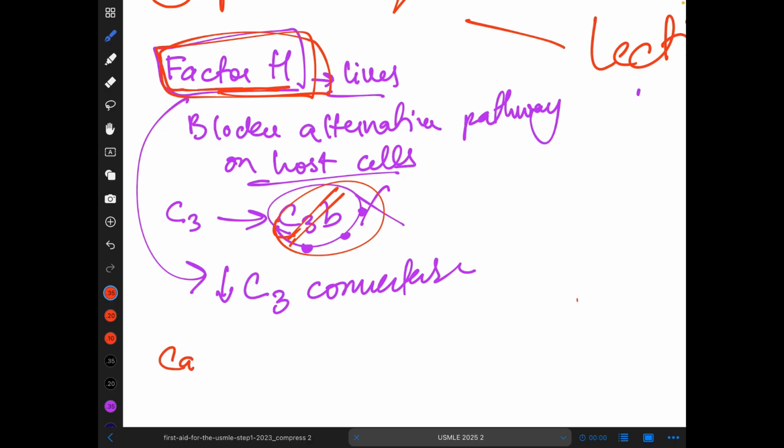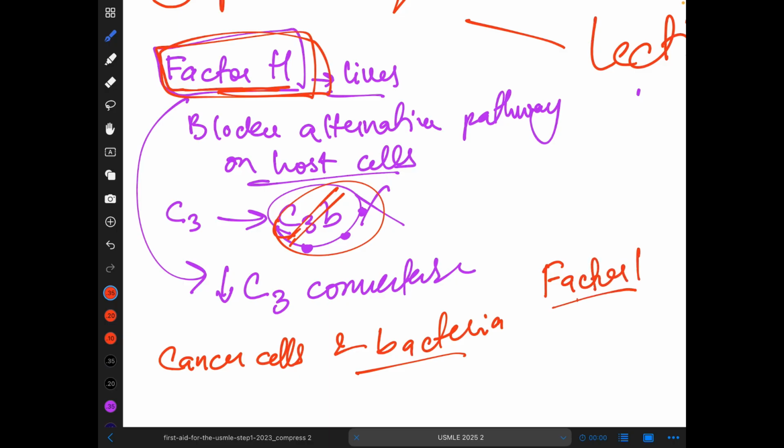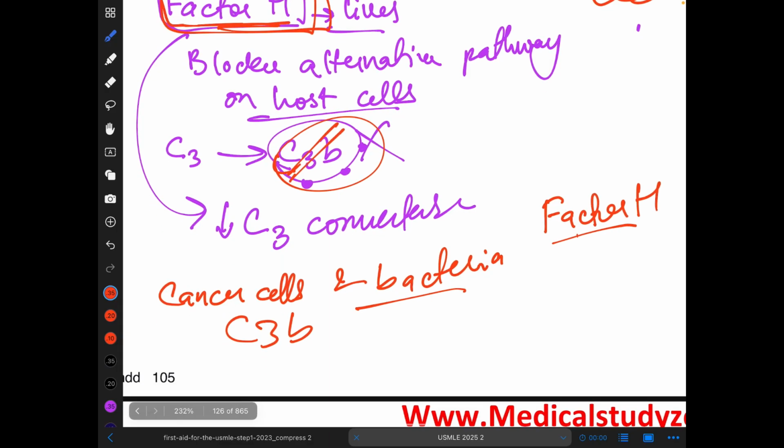Who are our enemies? Cancer cells and some bacteria. They know the secret of factor H, and adopt the same mechanism to protect themselves from C3b.